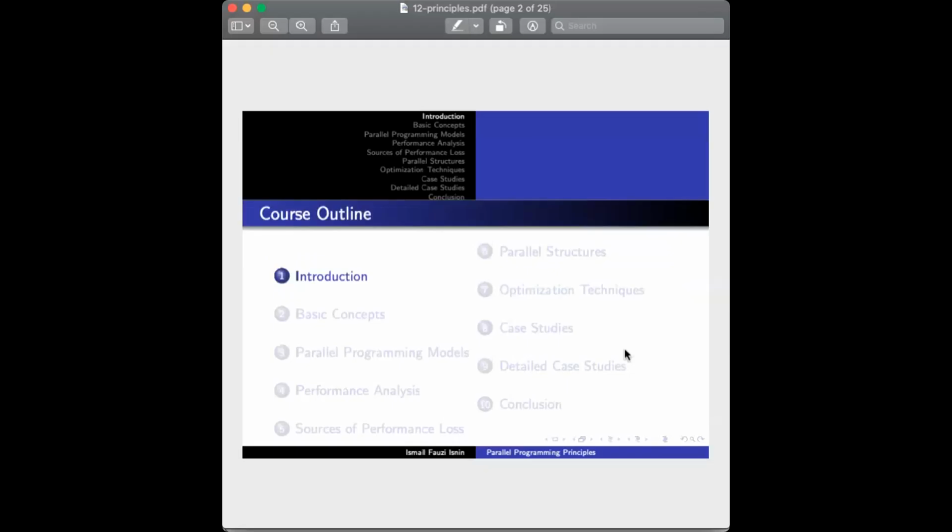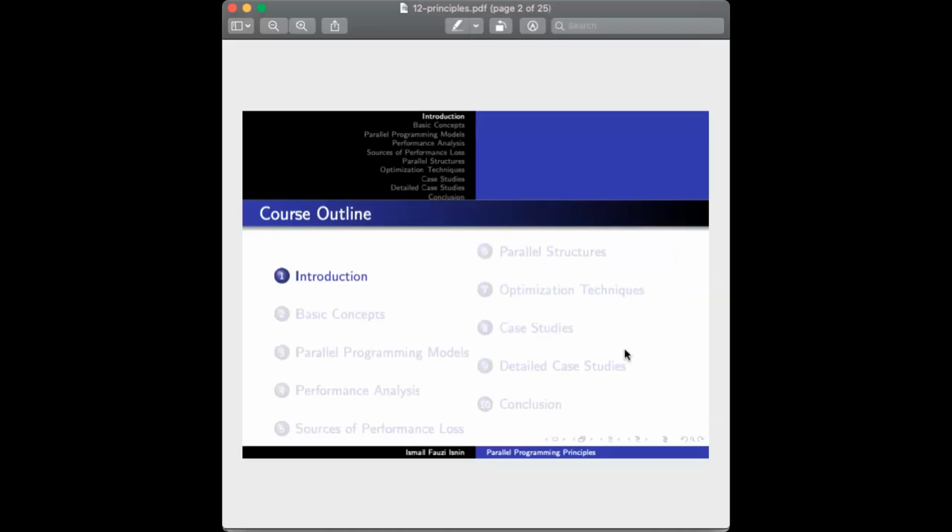All right. Today's topics are organized into altogether 10 parts or items. First, introduction. Second, basic design.